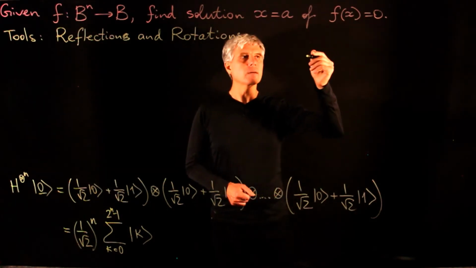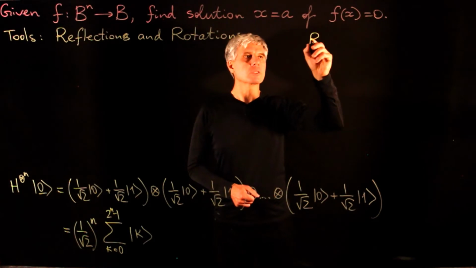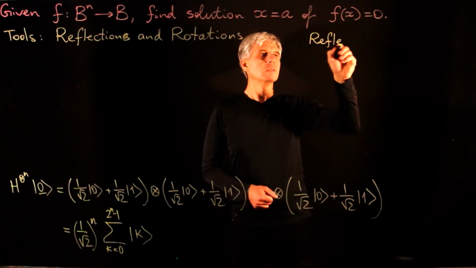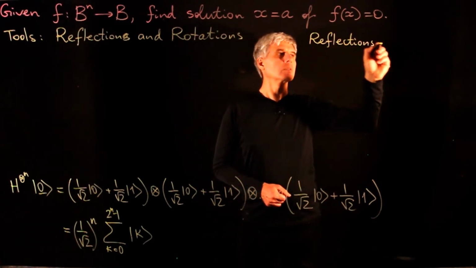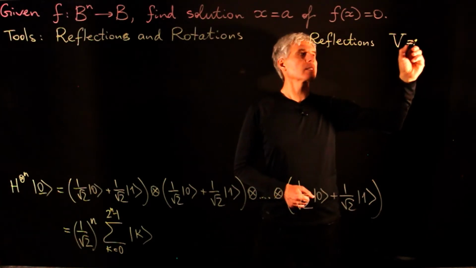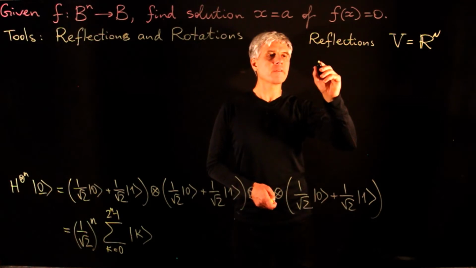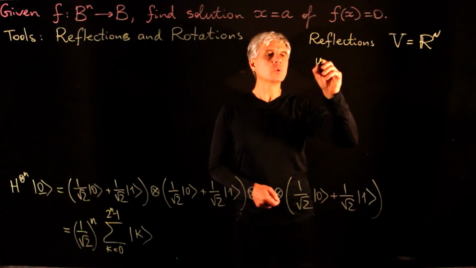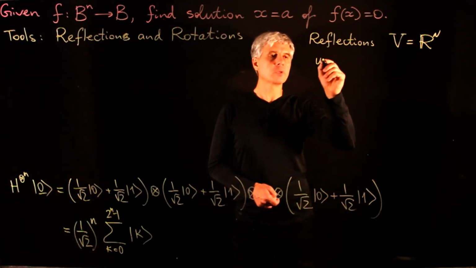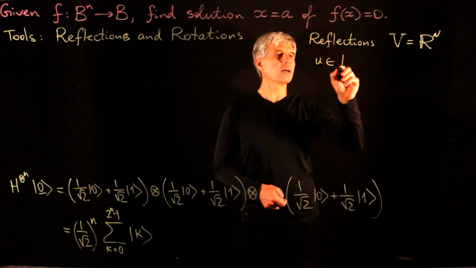Now, let us discuss reflections. Well, suppose our vector space is R^n, and we have some vector u, could be a unit vector, in R^n.